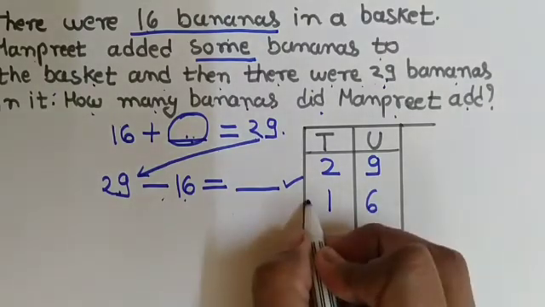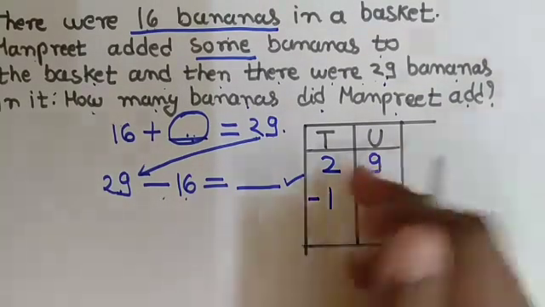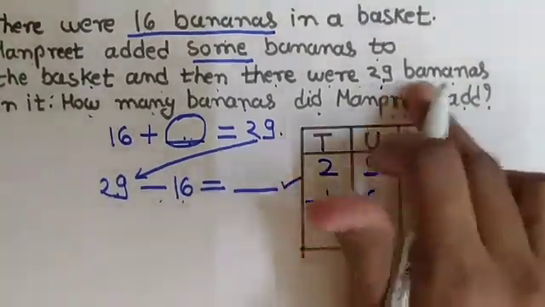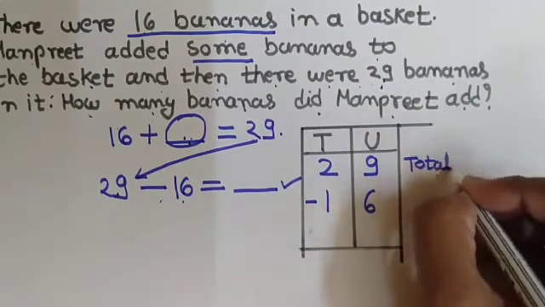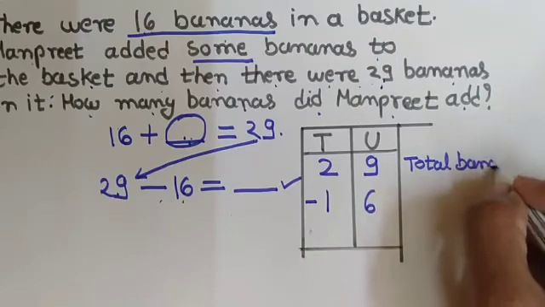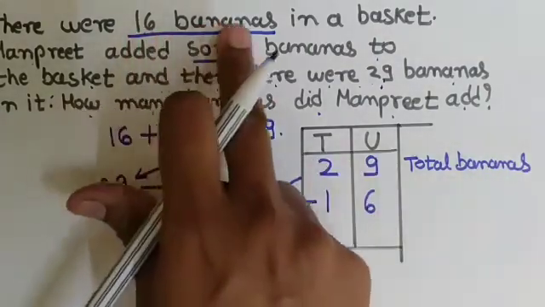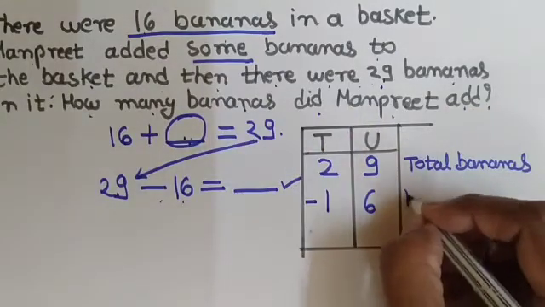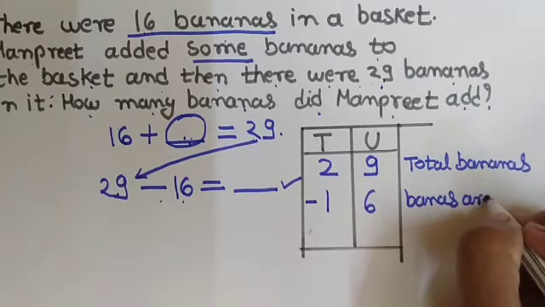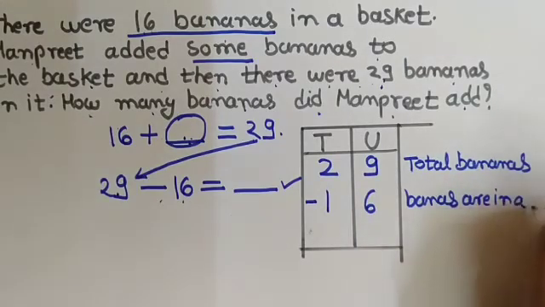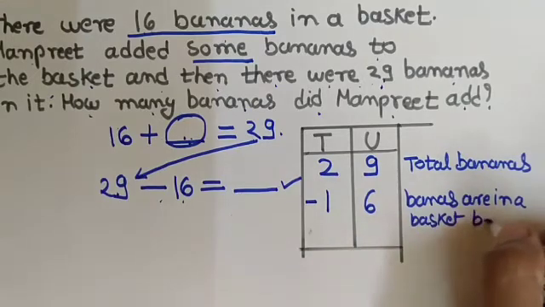Now we will put the sign of minus here. Then write the information. 29 is the total number of bananas after adding. And 16 is the number of bananas in the basket before.